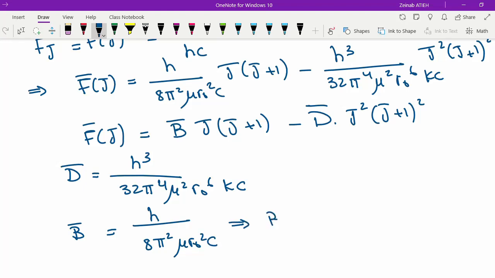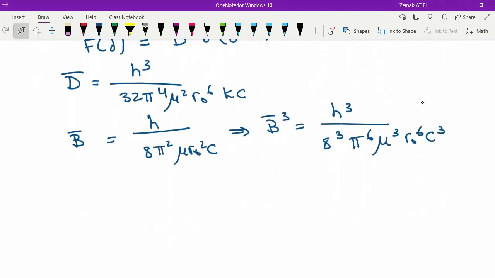I'm going to find B cube, and I'm going to reach a formula, or an expression, that I have given you for D for the diatomic molecule, a relation between D, B, and the vibrational wave number of the bond. B cube is h cube over 8 cube pi⁶ mu cube r0⁶ c cube.